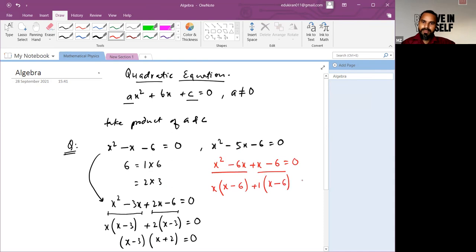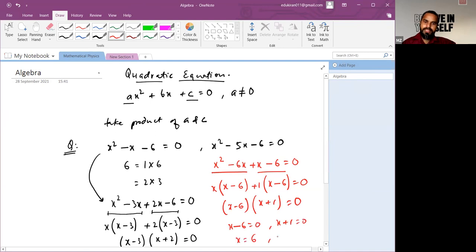So it will be x minus 6 equal to 0. x minus 6 will be common from both. So it will be like this. So equate each term to 0. So it will give you x is equal to 6 and x is equal to -1. Is it clear to everyone?